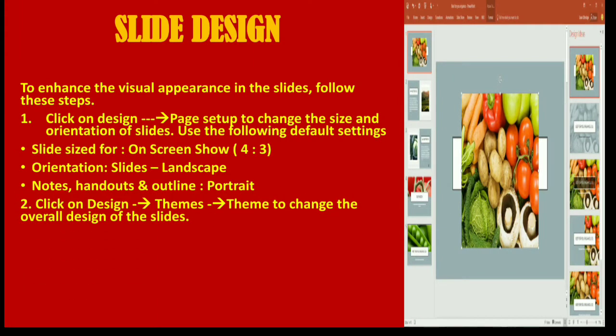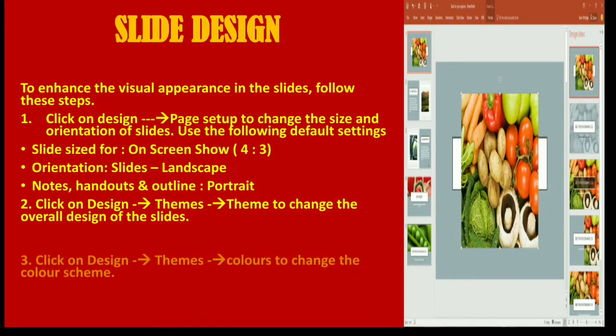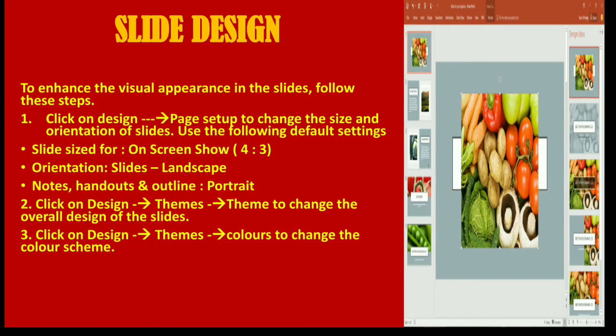Number 2, click on the Design tab and select Theme and change the theme of your slides. Click on the Design tab and select Theme Options, and from here you can change the color scheme.